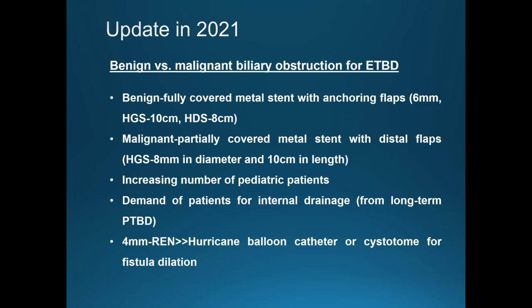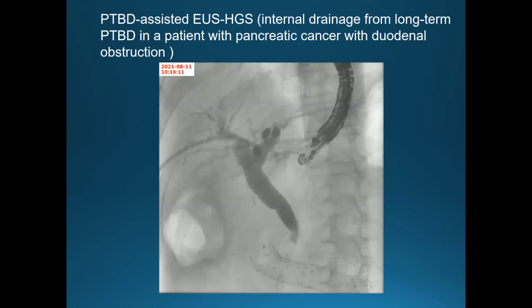An increased number of patients require ETBD, and there is patient demand for internal drainage, especially from long-term PTBD. Now we move on from the Hurricane balloon to the 4 mm balloon or cystotome for fistula dilation.